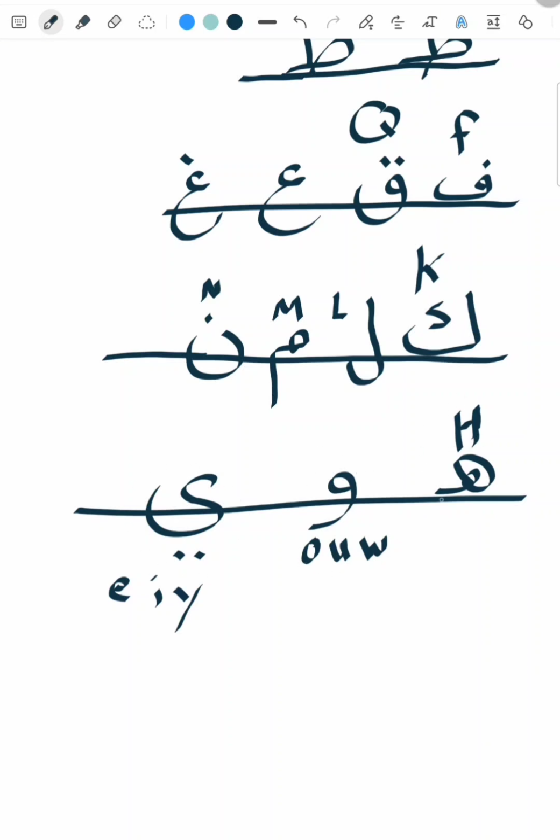Ha. Noon. Mim. Lam. Kaf. Ka. Those two are weird. I know there's different letters in each language. These are the weird ones. This one, ayn, ayn, r.